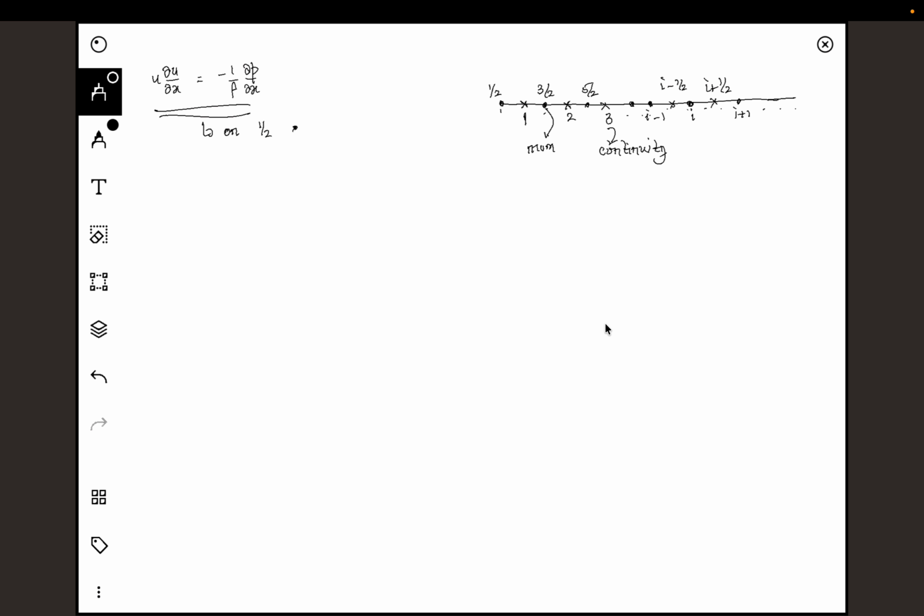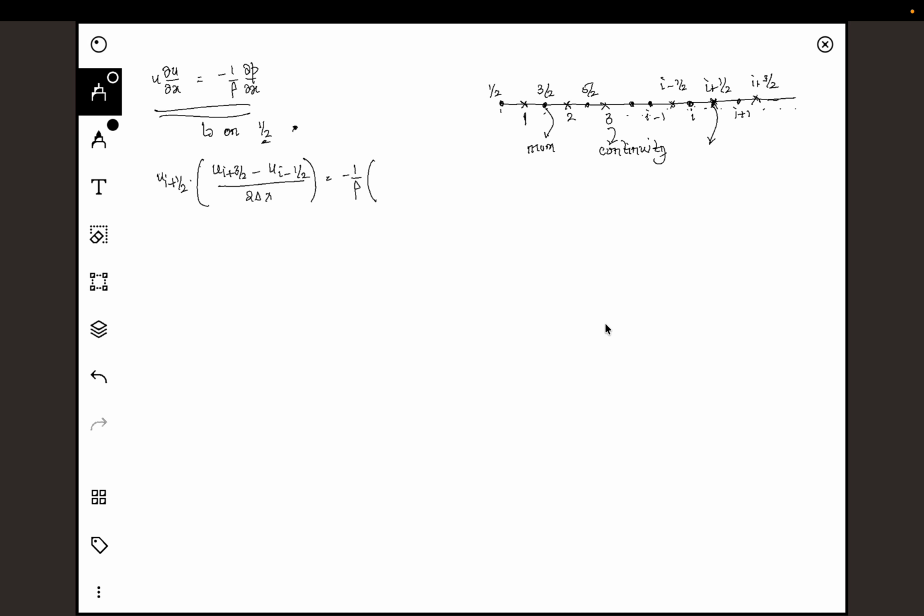So we start with the momentum equation. I'm discretizing it at I plus half. So let's say this is the half coordinate. At this point I can write ui plus half times del u del x. Again, I'll use a central difference scheme, so I have I plus 3 by 2 minus I minus half, divided by 2 delta x, equals minus 1 by rho times del P del x.